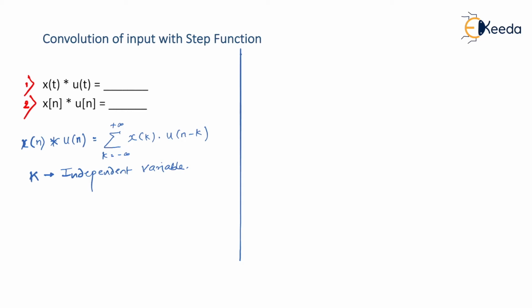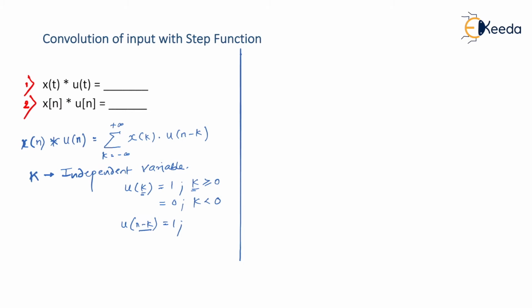You know that for a normal function u of k, it is always 1 for k greater than or equal to 0, and it is always 0 when k is less than 0. Am I right? Similarly, this time we have u of n minus k, which will be 1 if, you see, the argument is greater than or equal to 0.